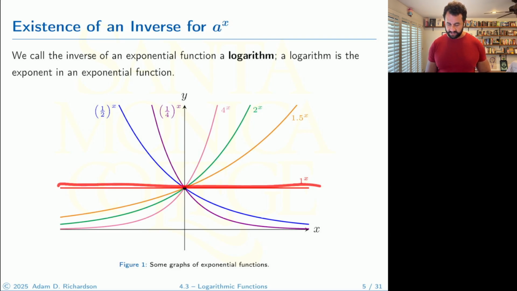So because this fails the horizontal line test, that means it has no inverse. This is one of the reasons we explicitly require that the base of an exponential is not equal to 1. Because if it were equal to 1, then that would not be an invertible exponential function. So we exclude that. All right. So this is not an exponential function.